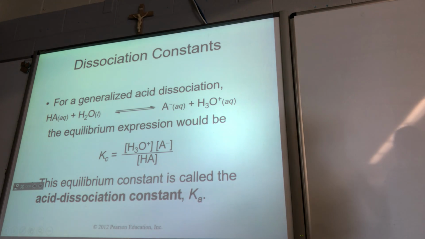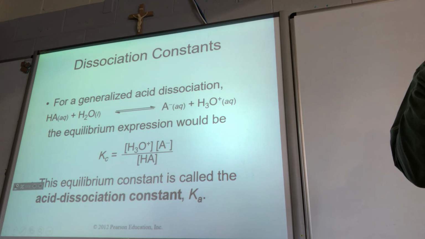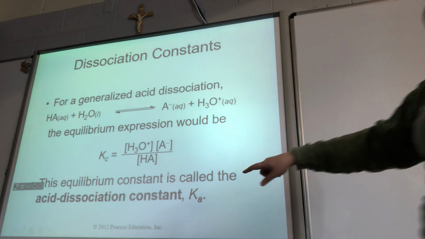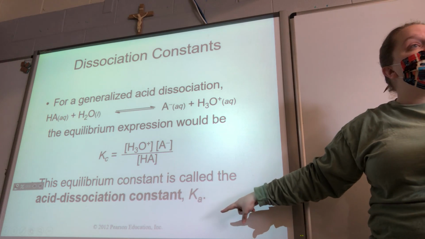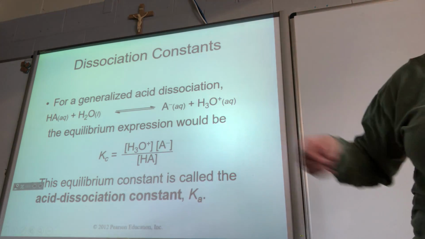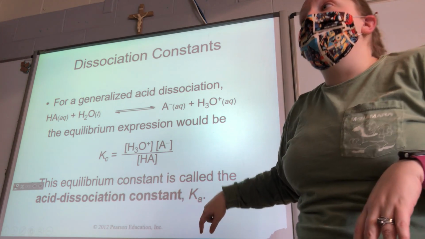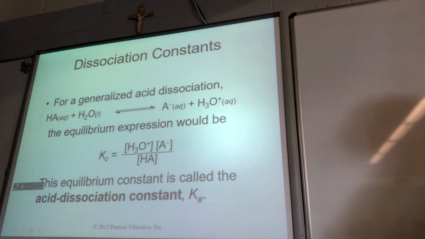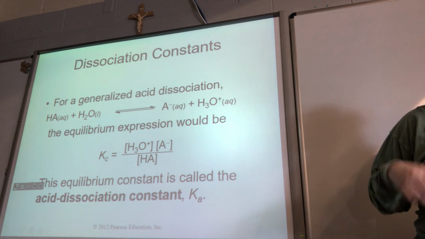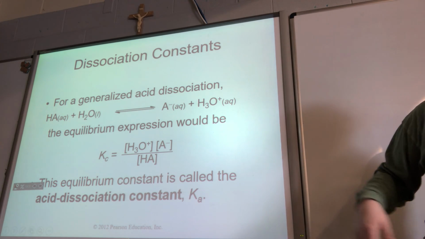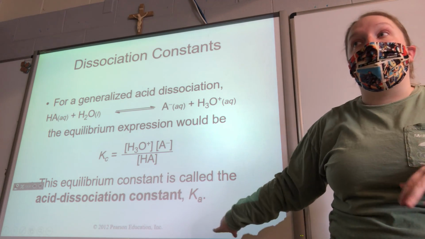Well, we're going to take things a little further, and we're going to talk about Ks related to acids. In this chapter, we're also going to talk about Ks related to bases. In a future chapter, we're going to talk about Ks related to things that are not very soluble, and we're going to say Ks related to solubility products.